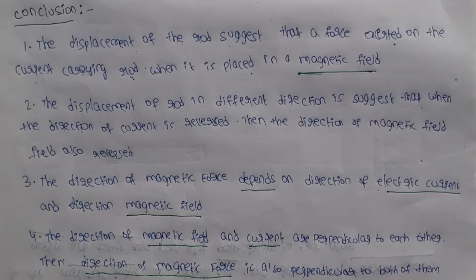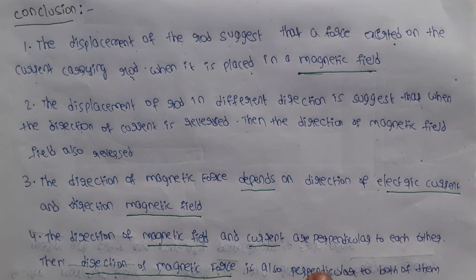Second point, the displacement of the rod in different directions. Sometimes the rod moves towards the right side and sometimes towards the left side, depending on the direction of the current. When current flows from B to A, the rod moves in the left direction. When current flows from A to B, the rod moves in the right direction.